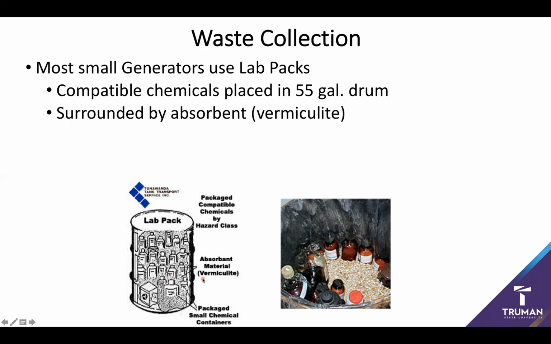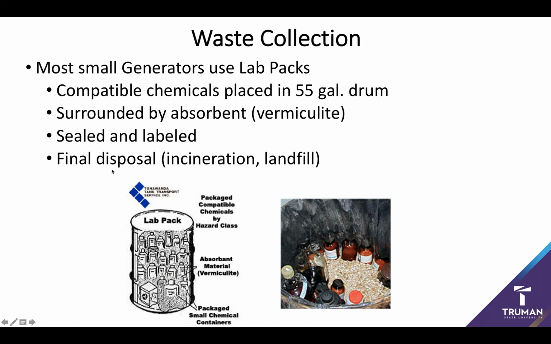In addition, it also acts as a stabilizing agent to prevent any of the bottles moving around and breaking. And all of these bottles should be sealed and labeled and then sent off to a final disposal.